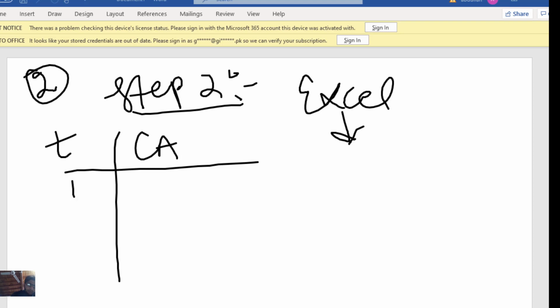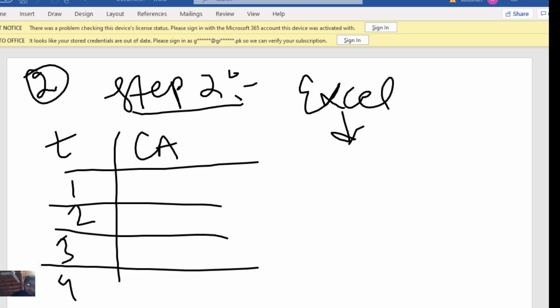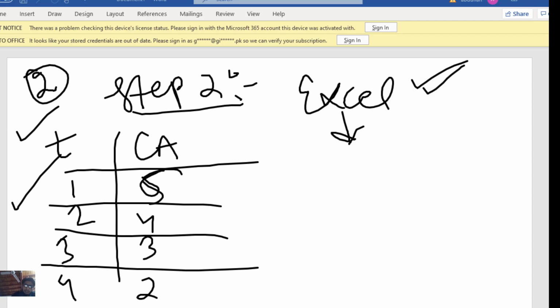Suppose time is 1, 2, 3, 4, and concentration is 5 molar, 4, 3, 2. In the first step, we draw a table. In the second step, we draw the table in Excel.